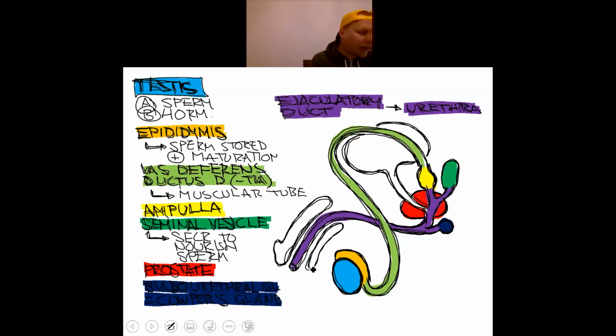So there's actually two different types of erectile tissue there, and we're gonna label them here, I think.